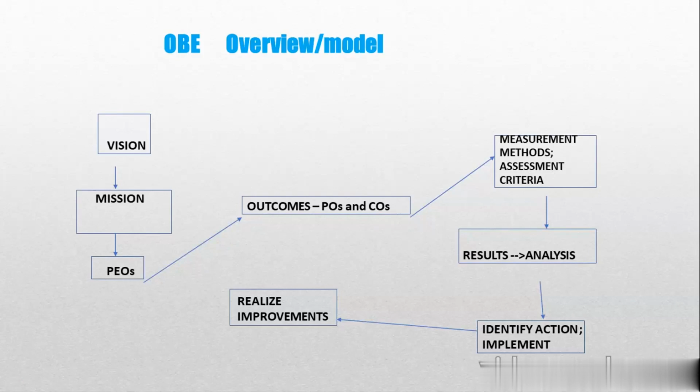When we map the COs and POs and use these measurement methods and assessment criteria, we should do result analysis. After the result analysis, we identify the action and implement it. This is another area where we find the gaps and finally realize the improvements. So this is the overview of the model. Let us go into how these things are actually achieved.